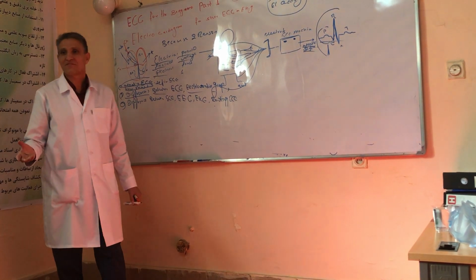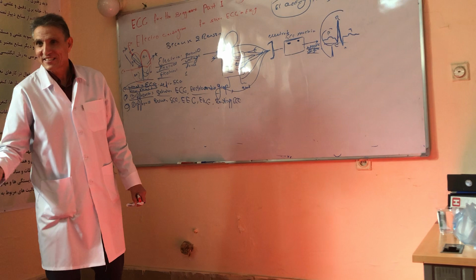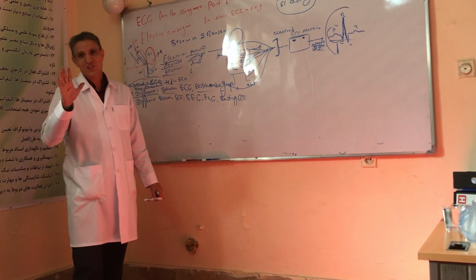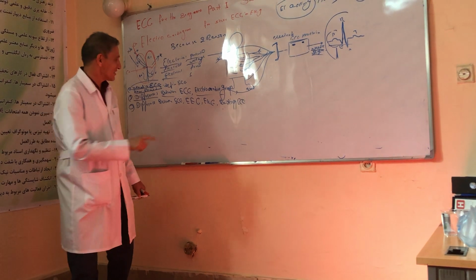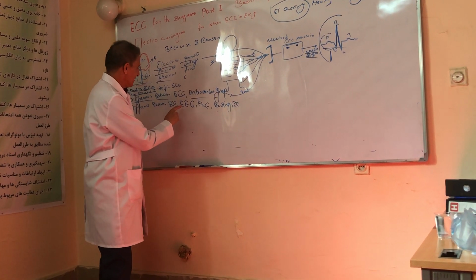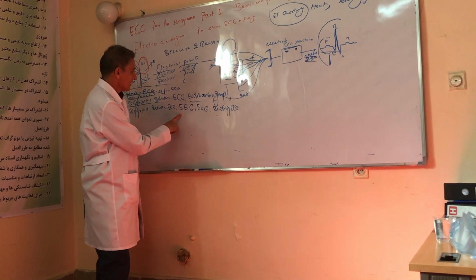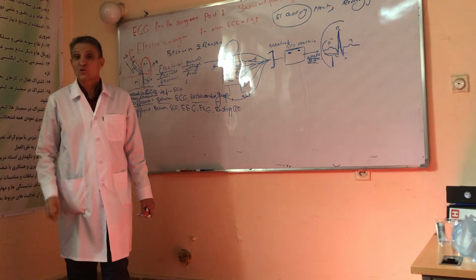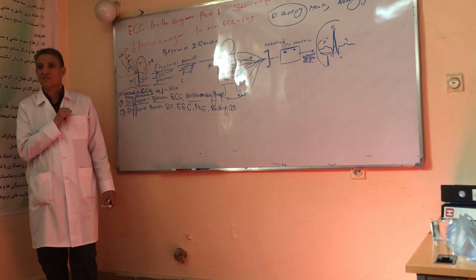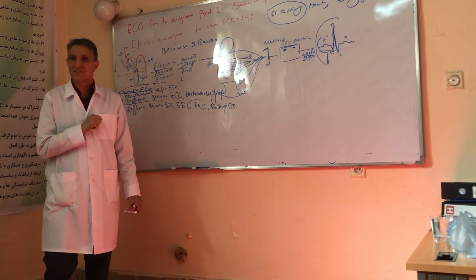ECG, there is no need to give another definition for the ECG. A simple definition: recording of electrical activity of the heart over ECG paper is called ECG. This is the concept of ECG. The second is electrocardiography. Those devices which are used for recording of electrical activity of the heart are called electrocardiography.